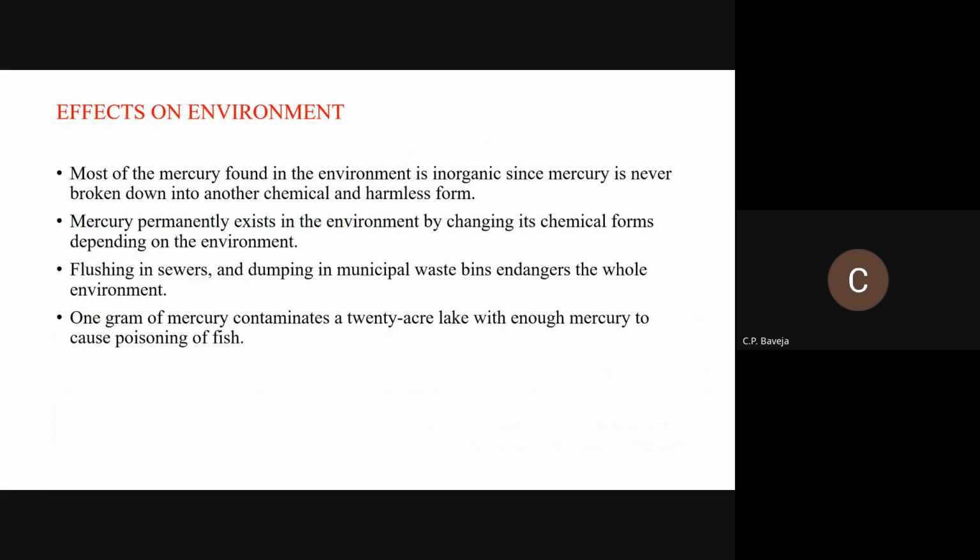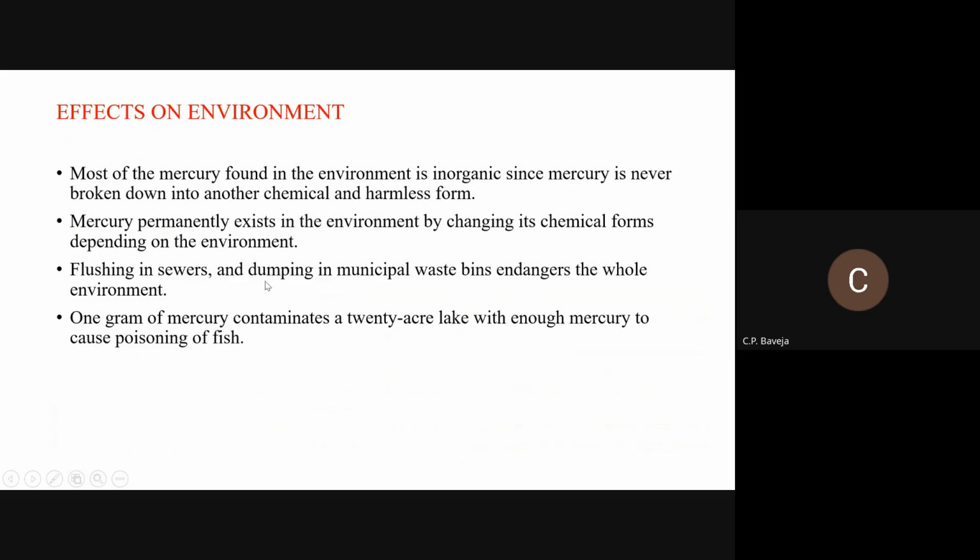Then what are the effects of mercury on the environment? Most of the mercury found in the environment is inorganic, since mercury is never broken down into another chemical and harmless form. So once you come in contact with mercury, it is not broken down. Mercury permanently exists in the environment, changing its chemical forms depending on the environment.